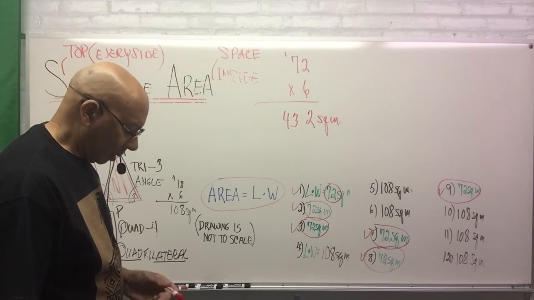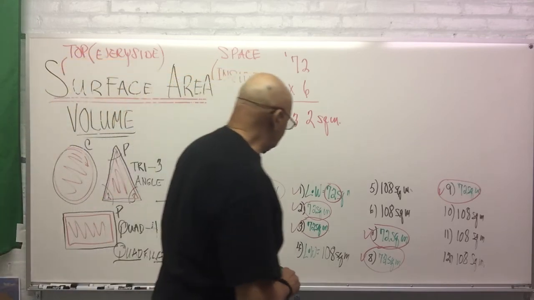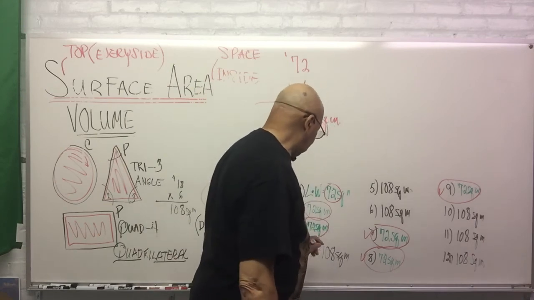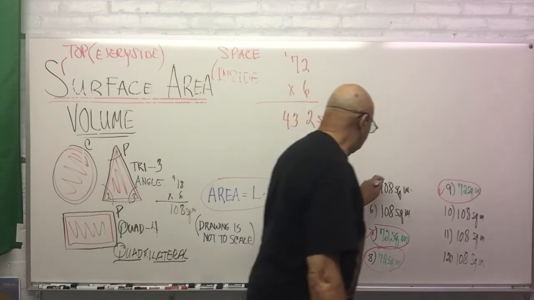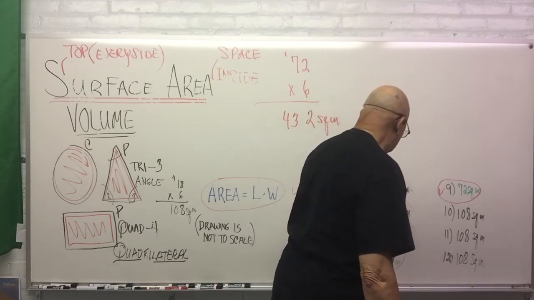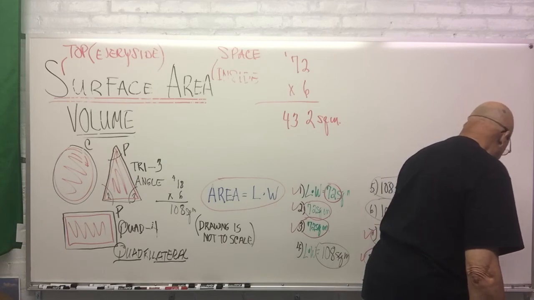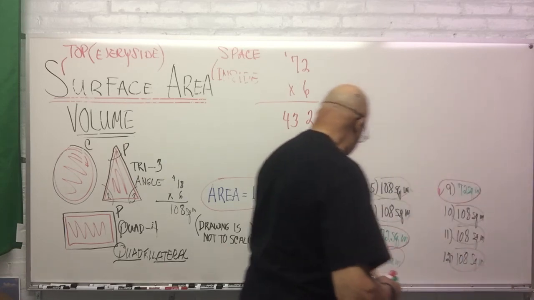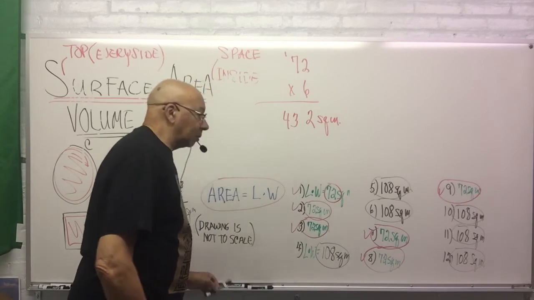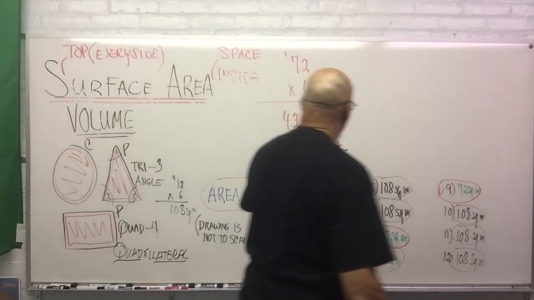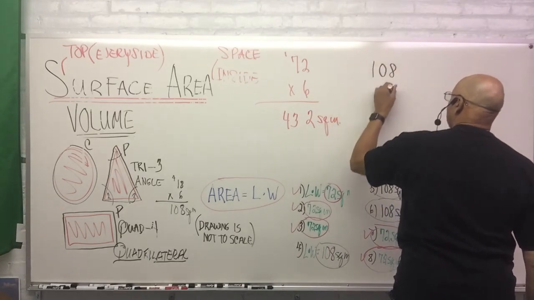So we do the same thing with the 108. It's going to be how many 108s? That we pretty much know. It's going to be 6 more because we had 12 sides. So we got 108. That's 1, 2, 3, 4, 5, 6. Now, of course, we could just add up 108 plus 108 plus 108, or we could say, Dr. Whitaker, let's make this easier for us. 108 times 6.